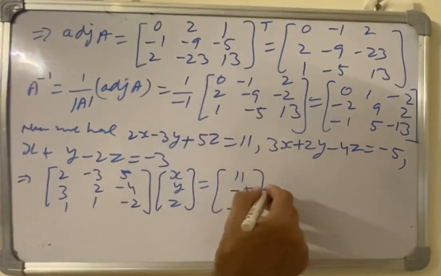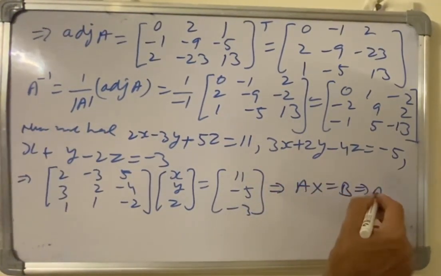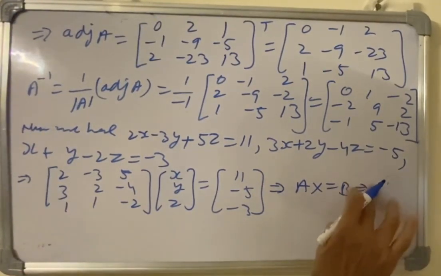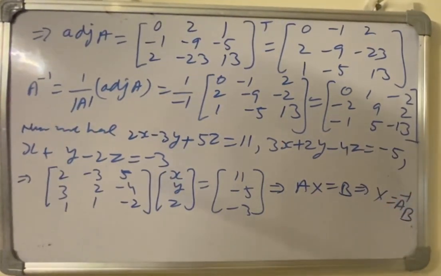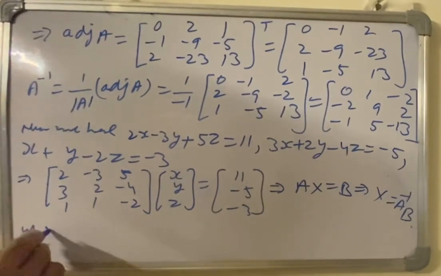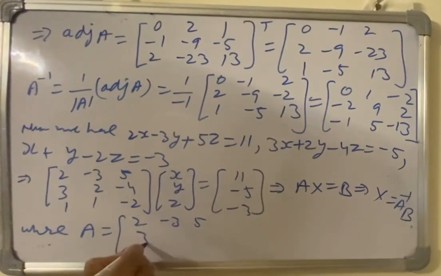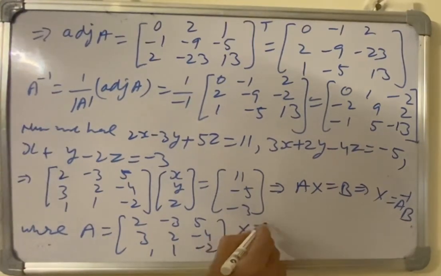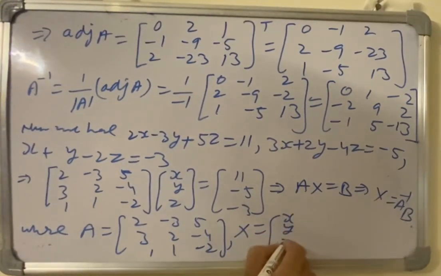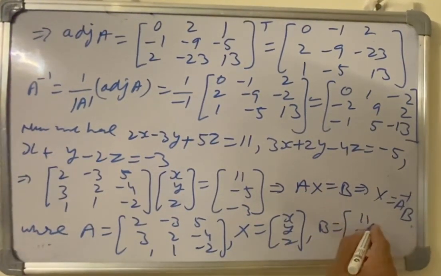So that means it is equivalent to AX is equal to B. That means X is equal to A inverse B, where A is the coefficient matrix, X is the variable column matrix x, y, z, B is a constant matrix 11, minus 5, minus 3.